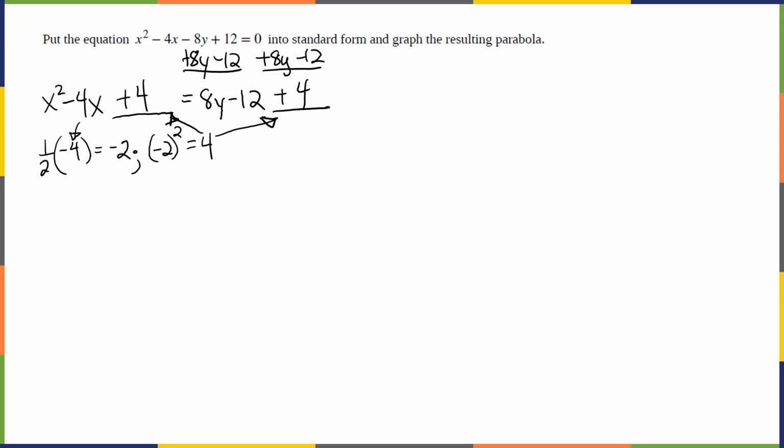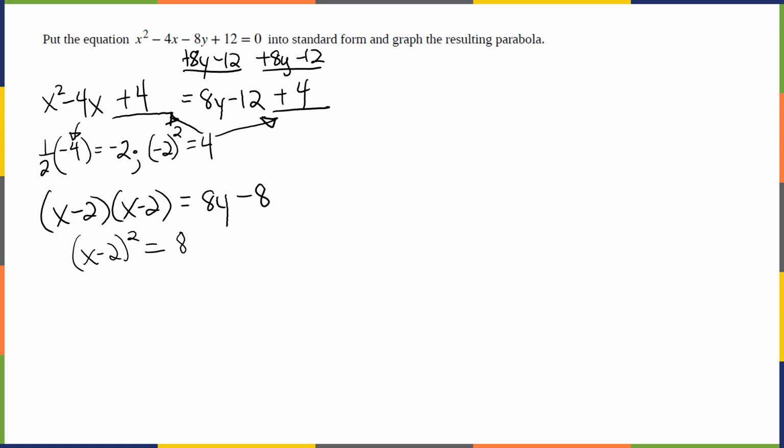Now we will factor the left side, so that produces x subtract 2 times x subtract 2 equals 8y subtract 8 when we combine like terms with the negative 12 plus 4. x minus 2 times its identical self produces x minus 2 squared, and now on the right hand side of the equation there is a factor of 8 in common that we will factor out, leaving 8 times y minus 1.